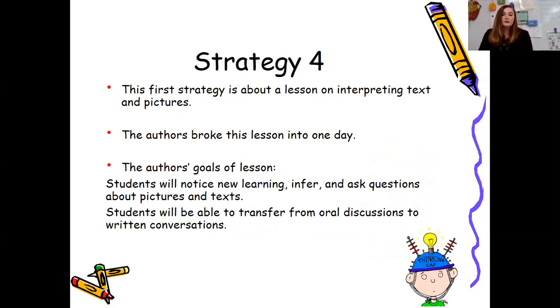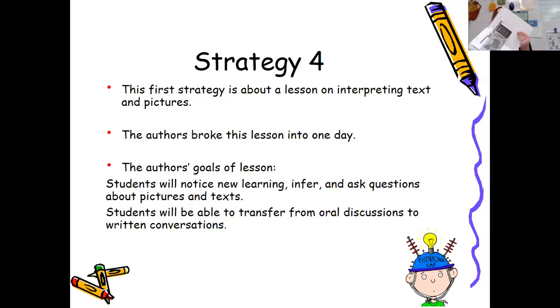The author's goals of this lesson are that students will notice new learning, infer, and ask questions about pictures and text, and students will be able to transfer oral discussion to written conversations. So instead of just talking about it, they're actually going to be able to write stuff down. And the activity is to respond to each other's ideas by drawing and writing comments and questions.